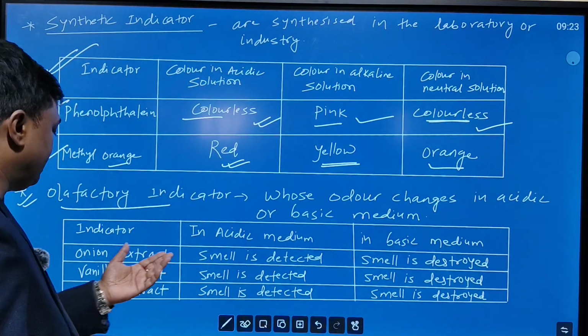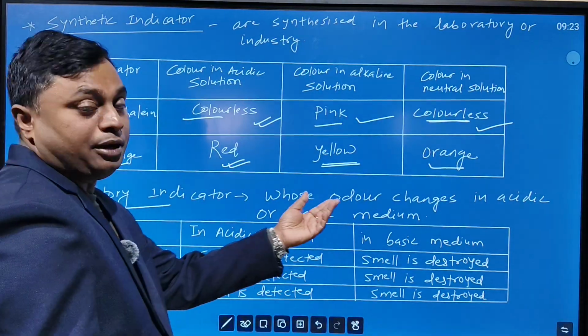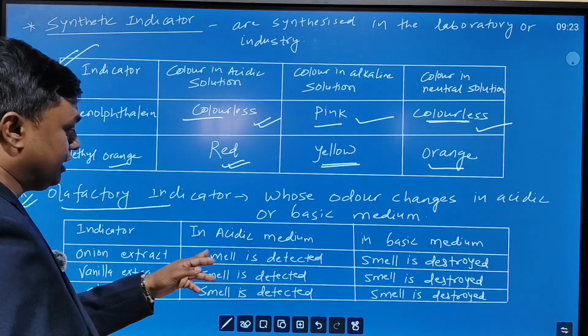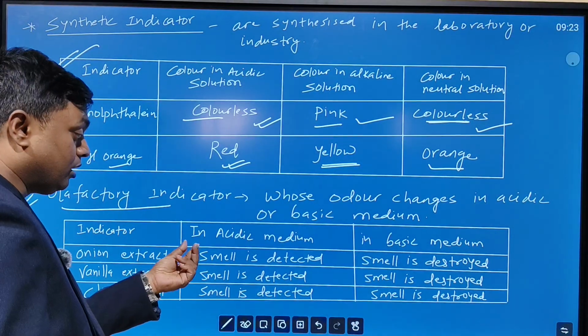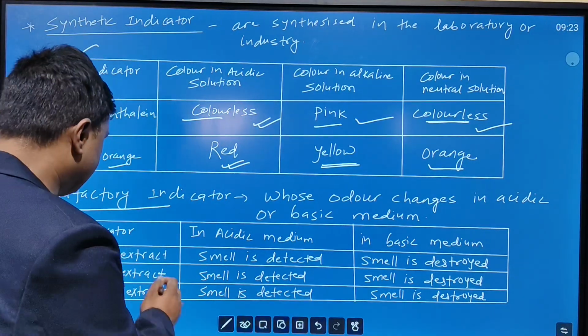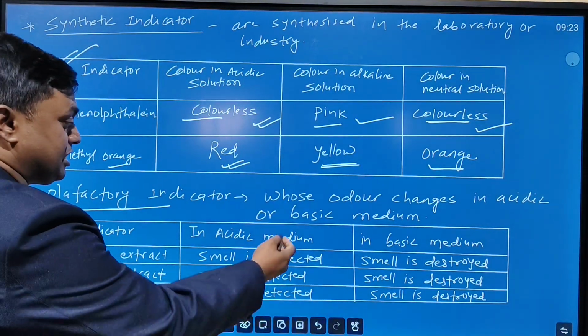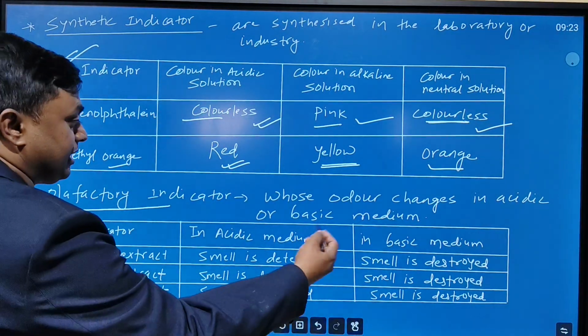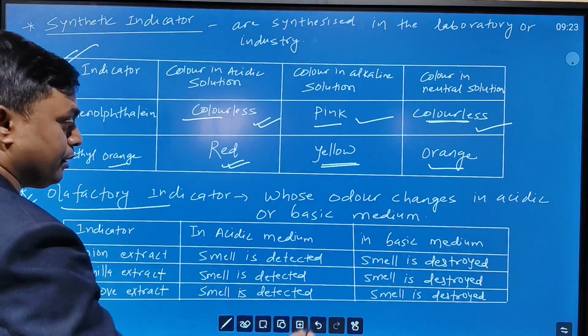What happens in acidic medium? The smell is detected, and in basic medium, the smell is destroyed. In all three cases, onion extract, vanilla extract and clove extract: the smell is detected in acidic medium, but destroyed in basic medium.